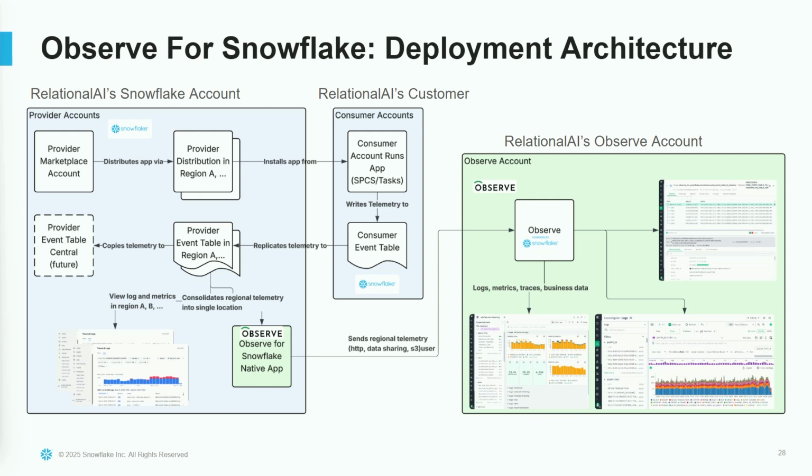In the RelationalAI account, they run this Observe for Snowflake O4S native app that subsequently sends those data all the way to the RelationalAI Observe account. And having one RelationalAI Observe account, we allow you to send traffic from multiple, even tens of Snowflake accounts from RelationalAI.